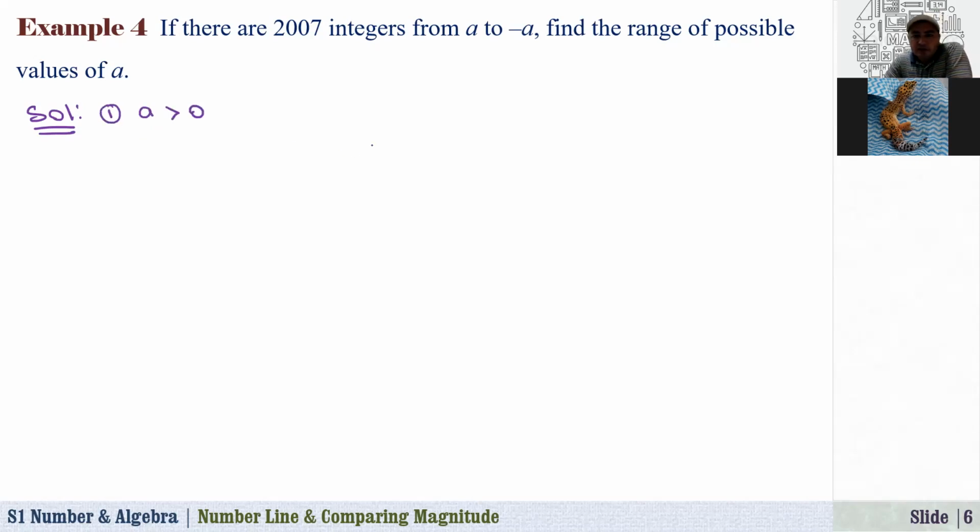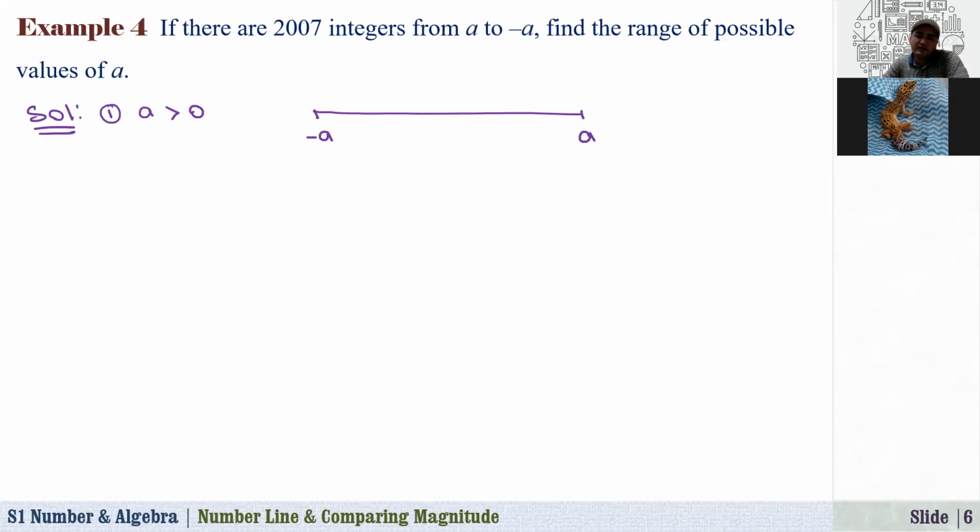Then we are talking about this line segment, with negative a to the left and a to the right, because a is positive.